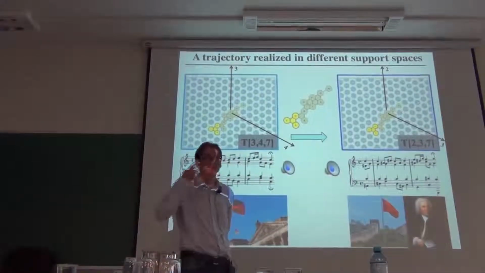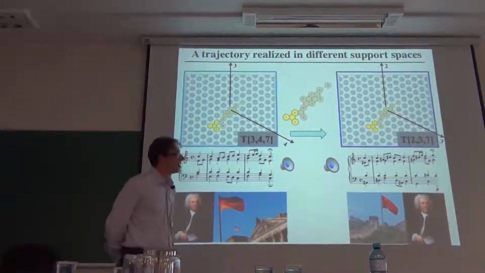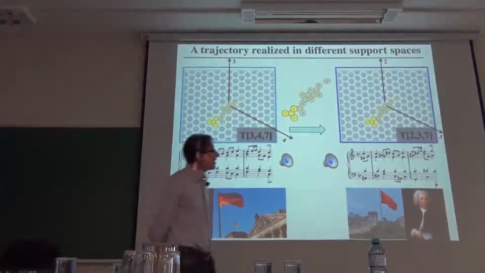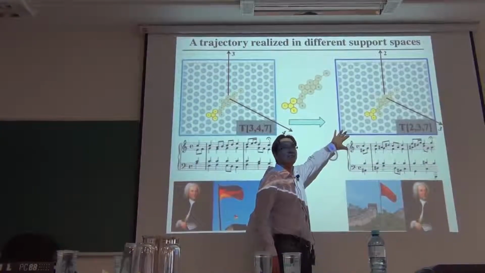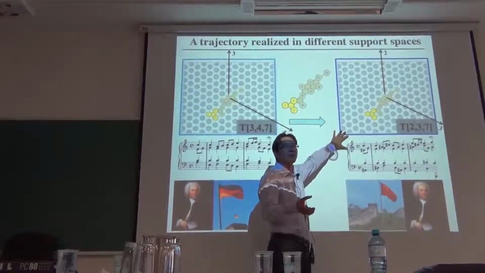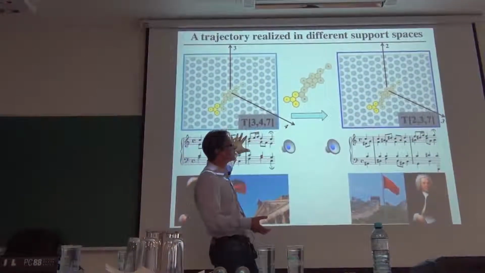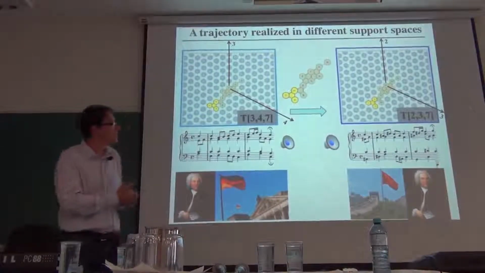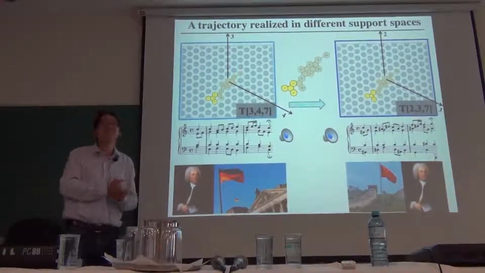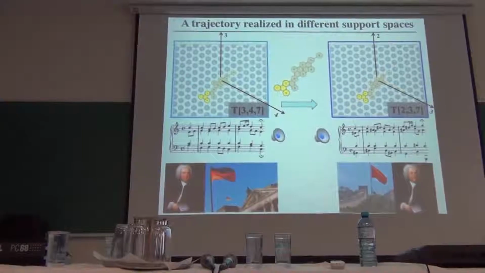I think it doesn't need to be really explained. Here we have a space in which the pentatonic scale is playing a major role in comparison to this one. So we kind of Chinoisized, China-ized Bach.